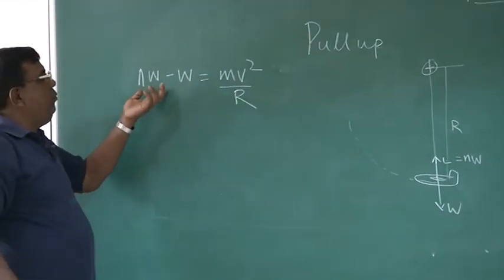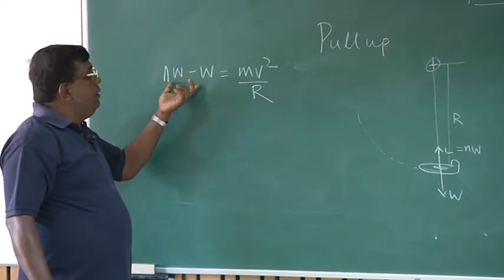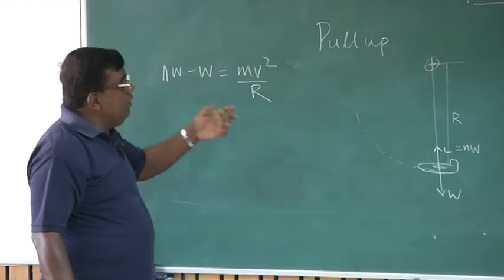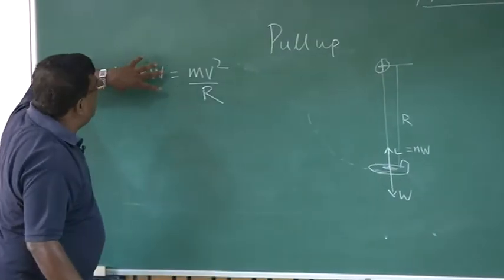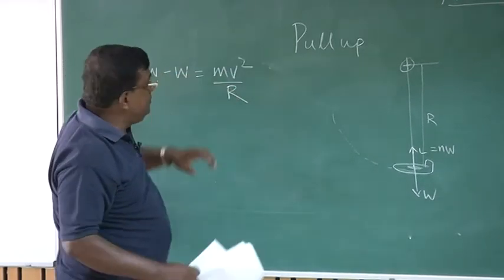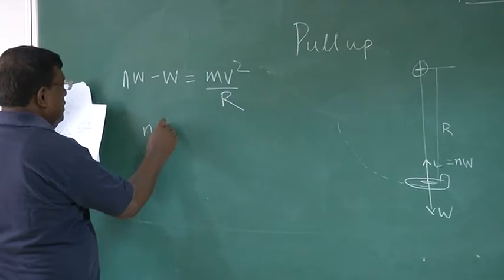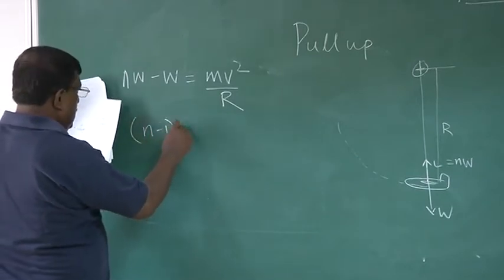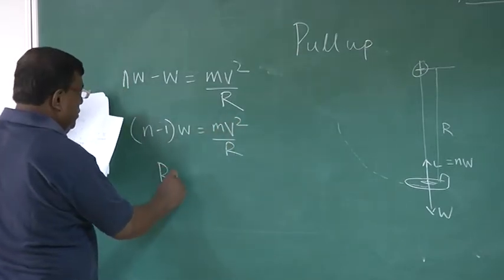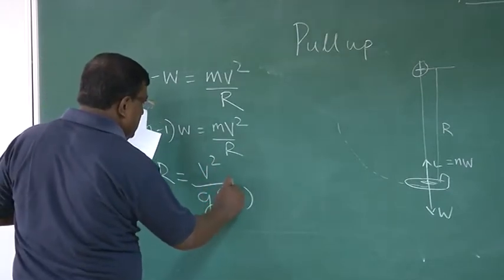How do I understand this from my class 11, 12 understanding? This is the net force perpendicular to the velocity vector. More importantly, NW is perpendicular to the velocity vector, and this force is responsible for giving the centripetal acceleration. Now if I do a little manipulation, I can write (n minus 1) W equal to m v square upon r, or r equal to v square by g(n minus 1).